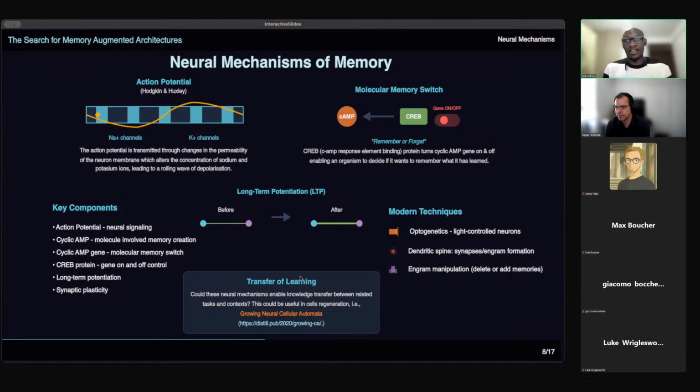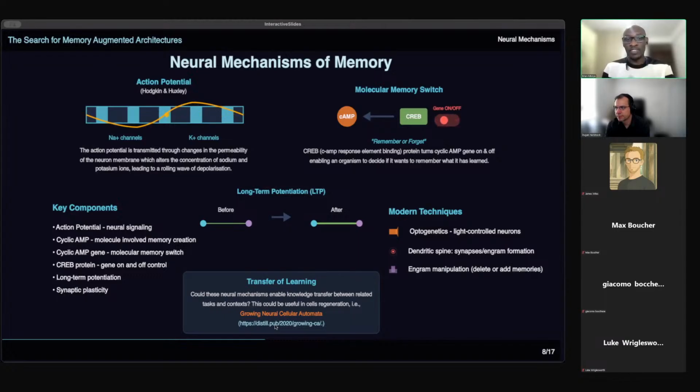If this could be true, and also cell regeneration. I remember, Dugan, you shared this link, which was very interesting because it sheds light on how transfer of learning can be used.